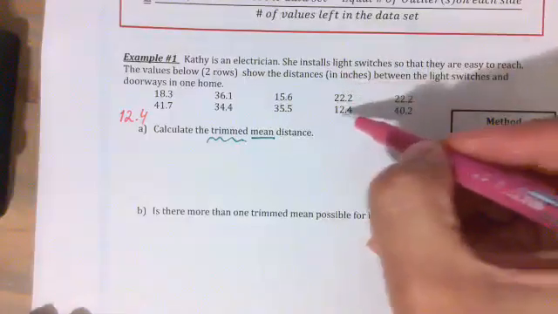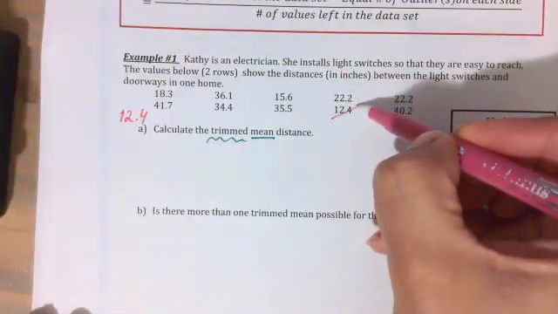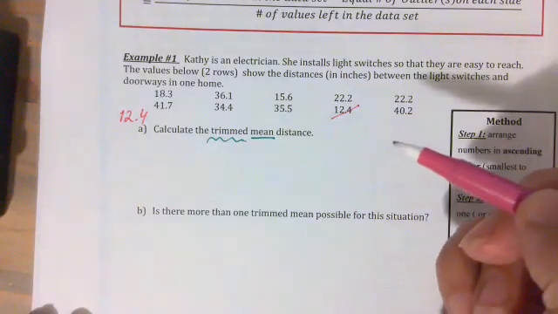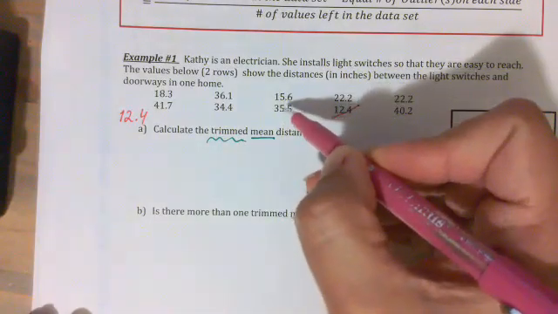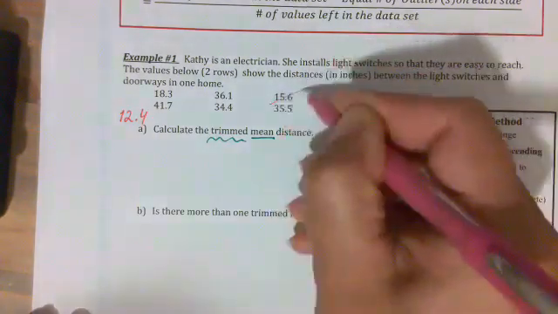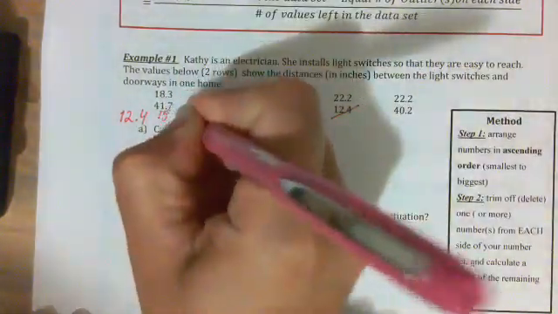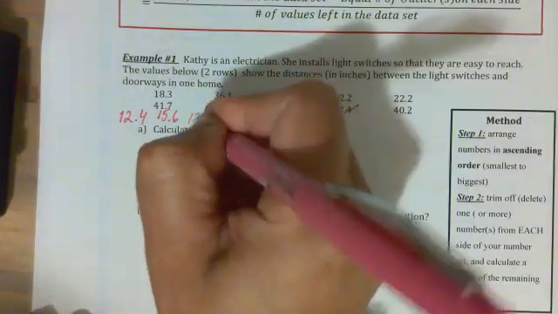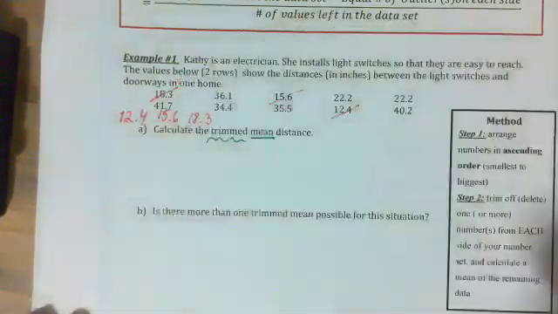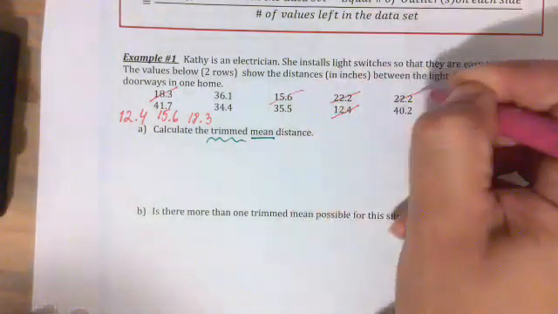And when I have to order, so I don't forget any one of them, I always cross out the one that I already considered. The next one is, I think, 15.6. The next one is 18.3. The next one is 22.2, but we have 2 of them.